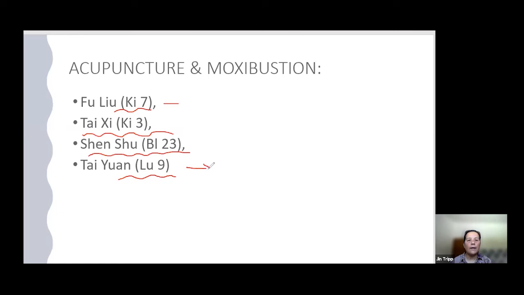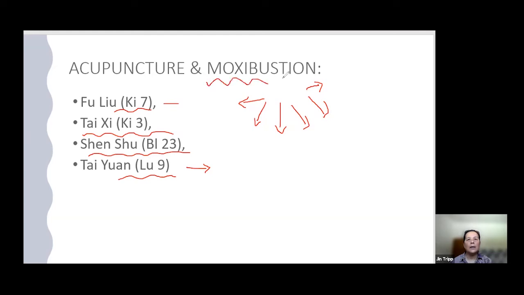Remember, when we learned the foundation, we said the lung has the function of regulating water passages. So basically, the lung has a dispersing function. It is located in the upper jiao. It will send the body fluid everywhere. So that's why we go to the yuan-source points of the lung.